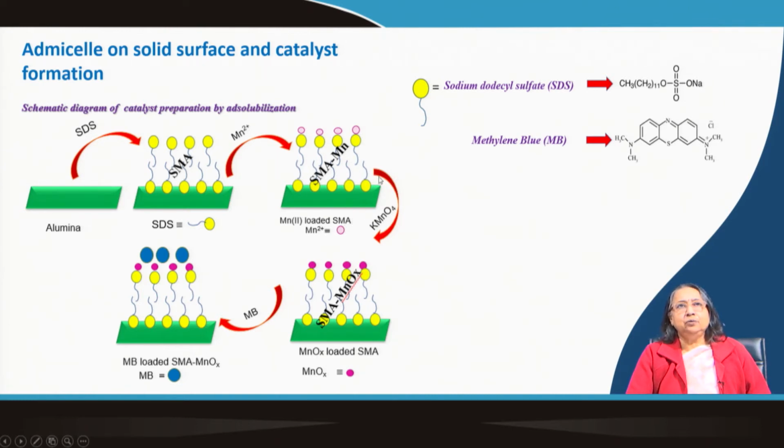And now, if you put KMnO4, then it is a redox type reaction, Mn 2 plus and Mn 7 plus. So, 2 plus will go to 4 plus and 7 plus will go to 4 plus. That means it is a redox type reaction, and so here you see that Mn2 plus is converted to MnO2, okay, this red one is MnO2.